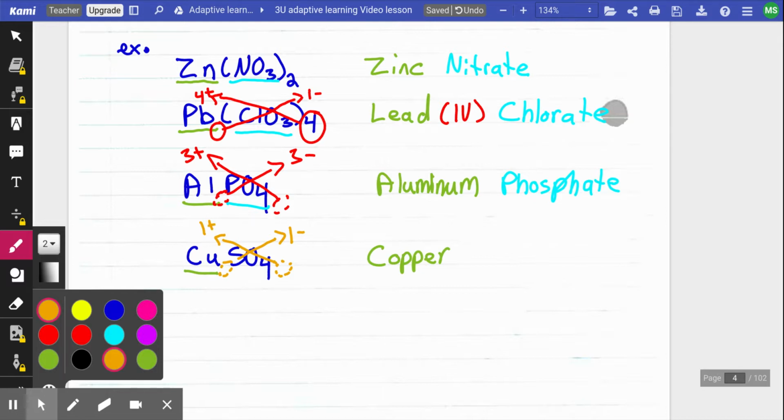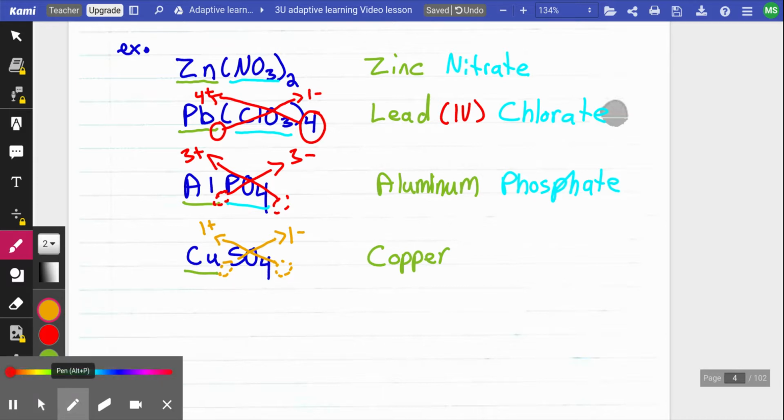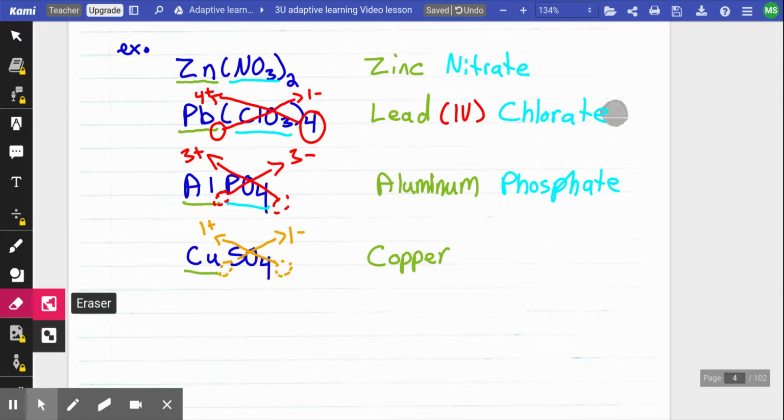I want to caution you that you do not accidentally crisscross this 4. That 4 is attached to the oxygen. It is not the subscript telling you the number of sulfates that are there.